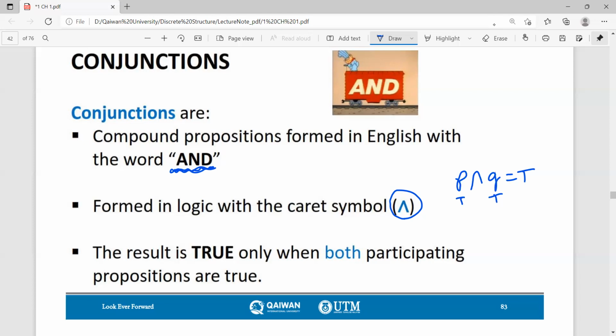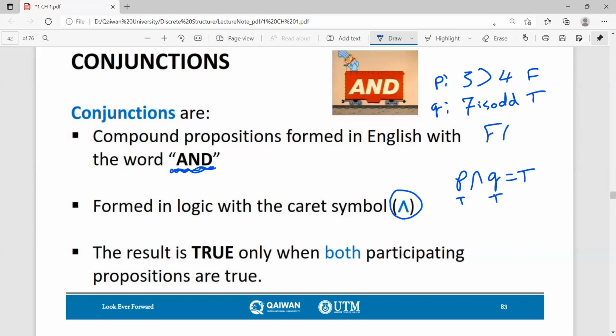For example, if you say 3 is, let me write down symbolically. 3 bigger than 4. Okay. 7 is odd. Let's say this is P and this is Q. We have these two statements. Both are propositions. The answer for the first one is false, is it? It's false because 3 is not greater than 4. But the second one is true.